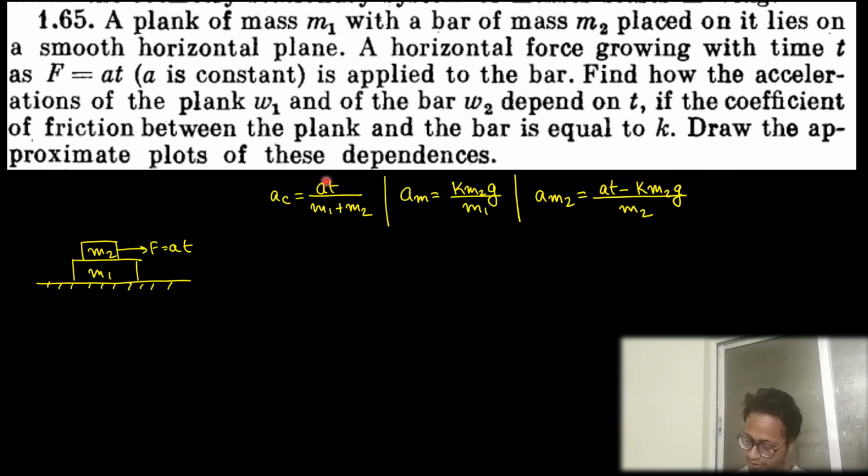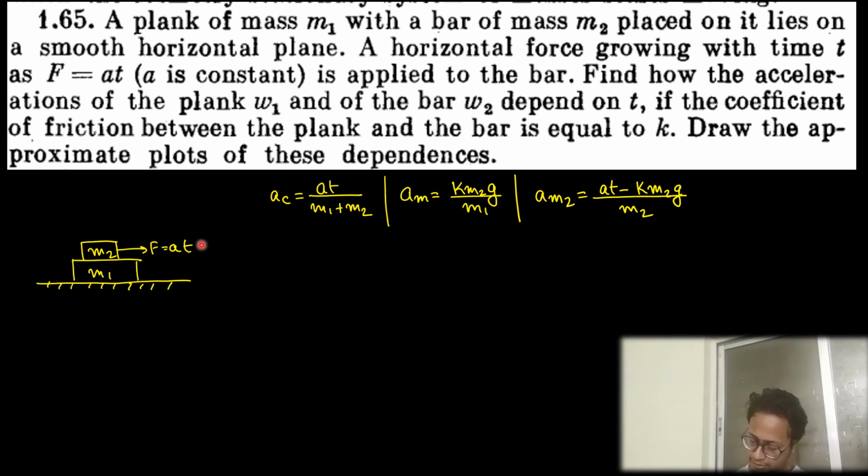So out here we obtain the common acceleration as a t by m1 plus m2. The maximum possible acceleration of m1 is k m2 g by m1, and the maximum possible acceleration of m2 is a t minus k m2 g divided by m2.